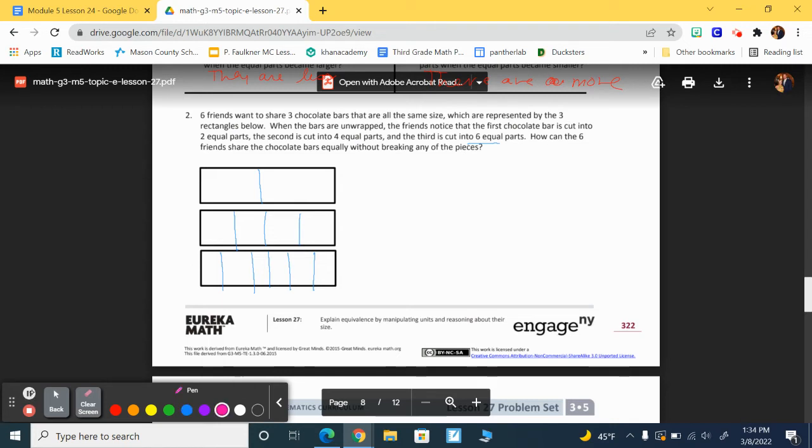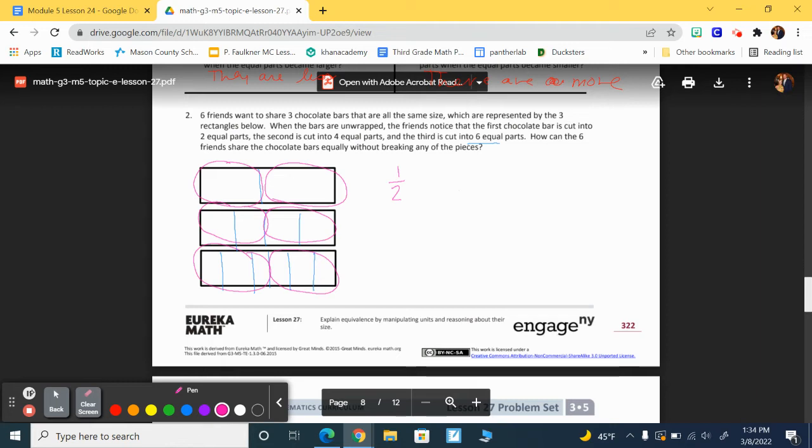Well, if I look, this and this part, they're all half of a candy bar. Okay? So, regardless of how it's broken up, they're all going to get the same amount of candy bar because each friend is getting half of a candy bar and there are 6 halves.